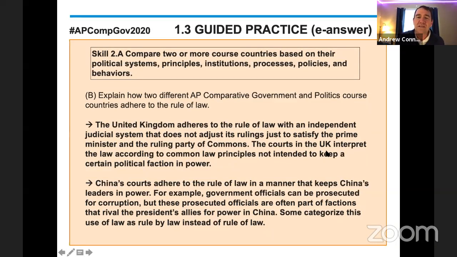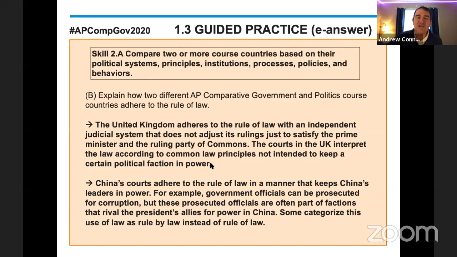The courts in the United Kingdom interpret the law according to common law principles not intended to keep a certain political faction in power. So here I gave a number of different examples from the United Kingdom to explain how they adhere to the rule of law. Make sure you talk about the other country as well.